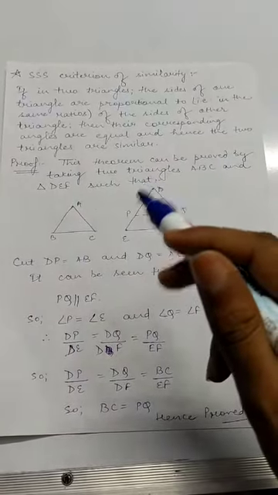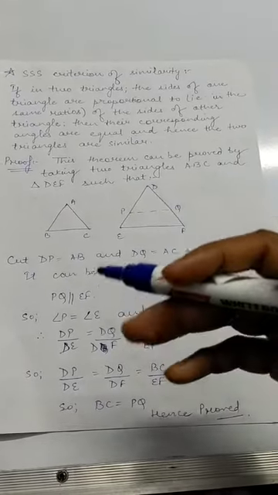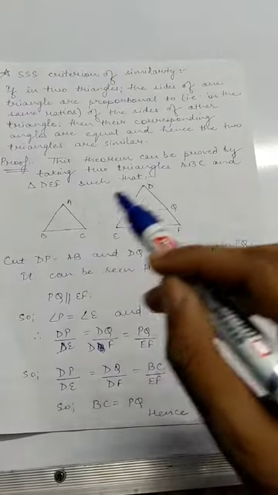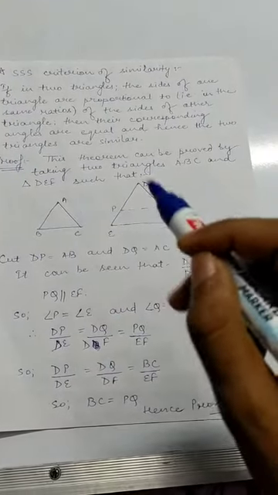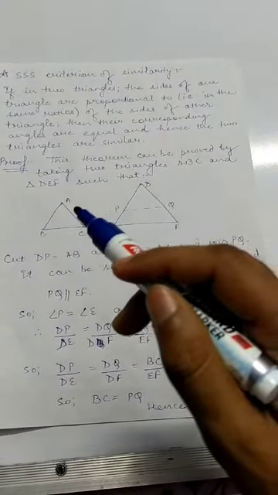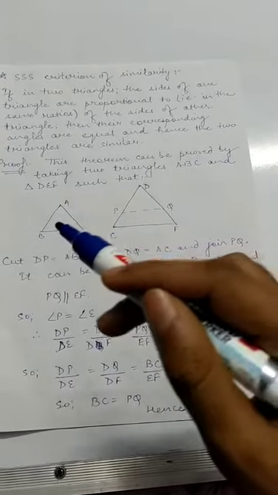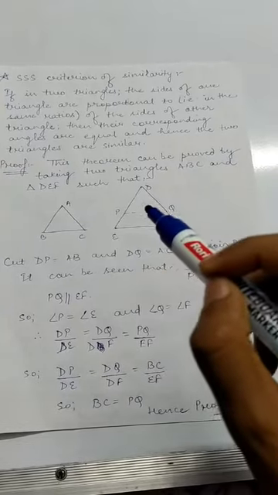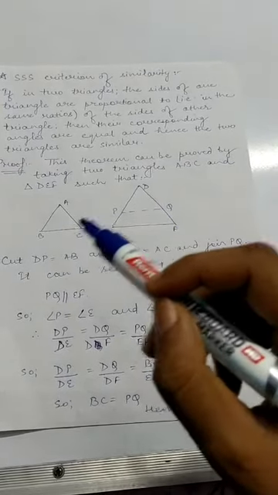So now the opposite of the previous theorem is given to us. In the earlier theorem we proved that if the angles are equal then their corresponding sides are in proportion. Now it is given that if the corresponding side ratio is equal then the angles must be equal. So we have to prove that the angles of this triangle and this triangle are equal.